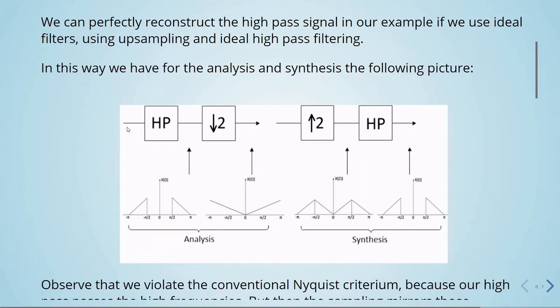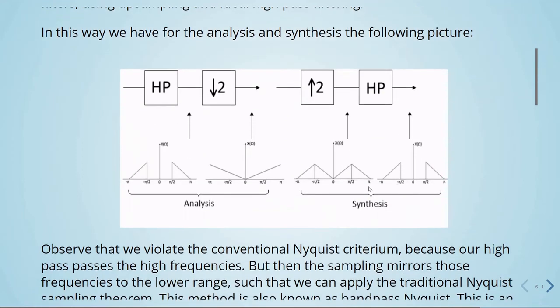So in this way, we have for analysis and synthesis the following picture. Here we had a high pass, and we had downsampling. Here is how the spectrum looks after high pass, after downsampling, and then for synthesis we have upsampling, and then we have the high pass filter, and we get this and this.